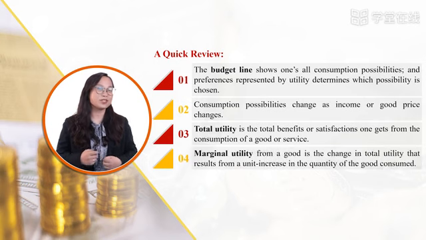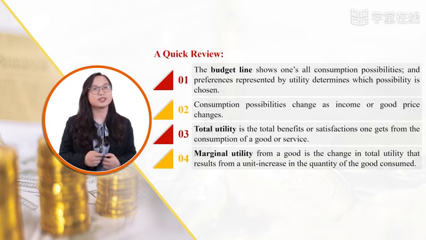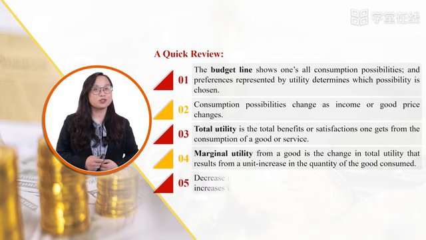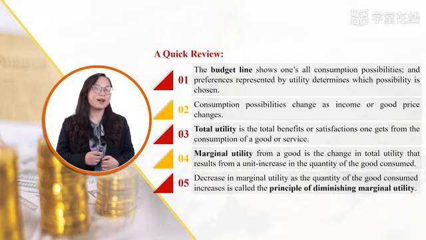Third, marginal utility from a good is the change in total utility that results from a unit increase in the quantity of the good consumed. Also, we notice that marginal utility decreases as the quantity of the good consumed increases. It is the principle of diminishing marginal utility.